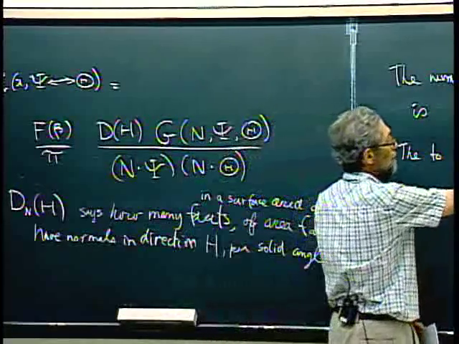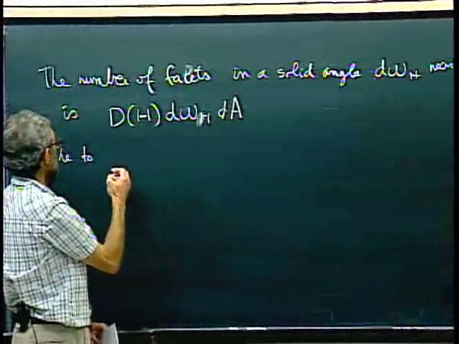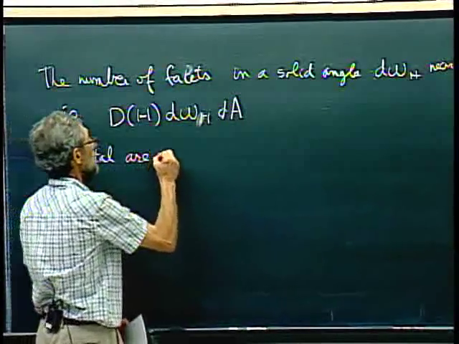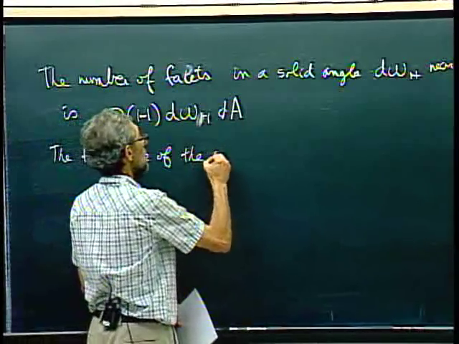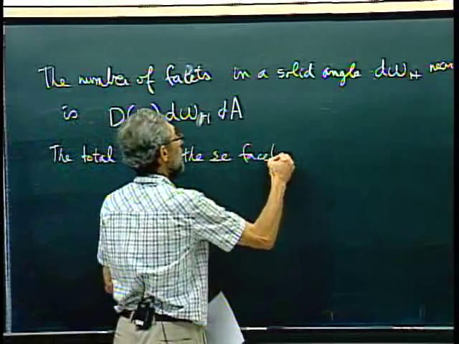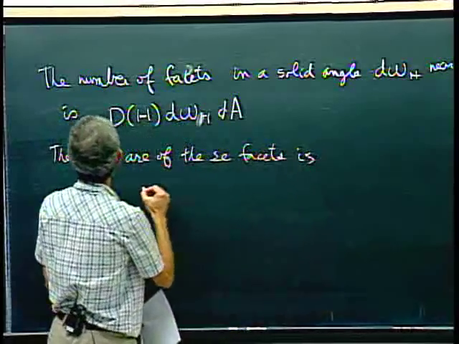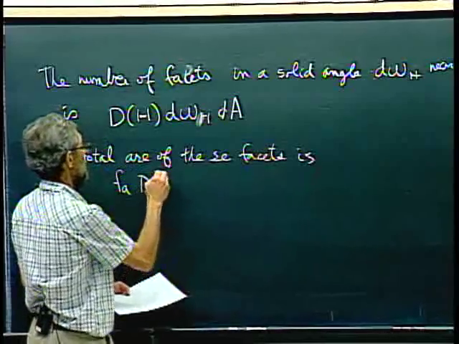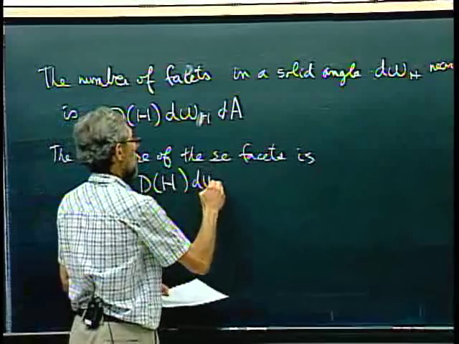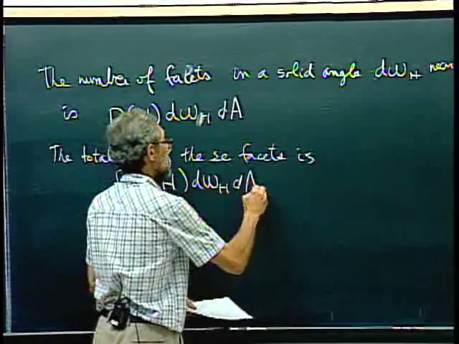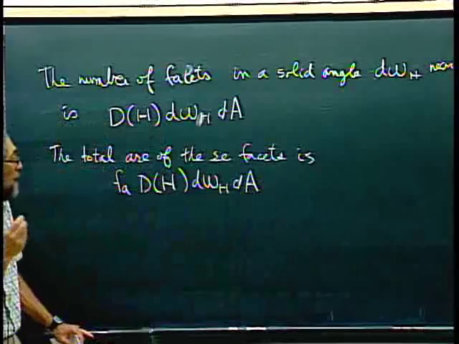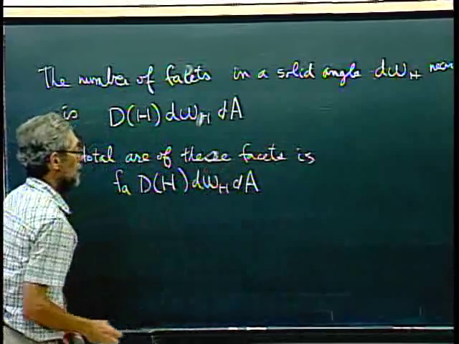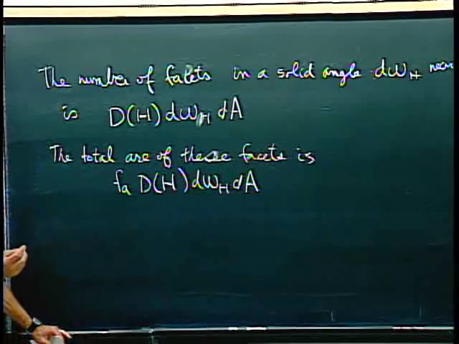And so we multiply it by the solid angle and the surface area and we get the count, and then the total area of these facets, we have to multiply that by this FA times this number. So we have that much area.